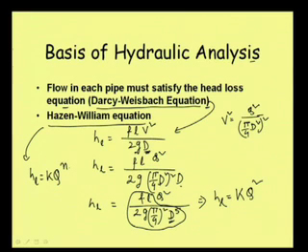And then of course, he said that for fully turbulent flow, or when the flow is moving towards turbulent, this n value can be taken as equal to 2. On the lower side, n varies from around 1.8 to 2.